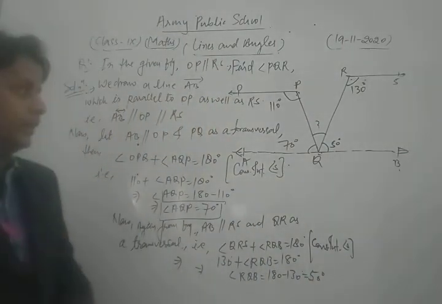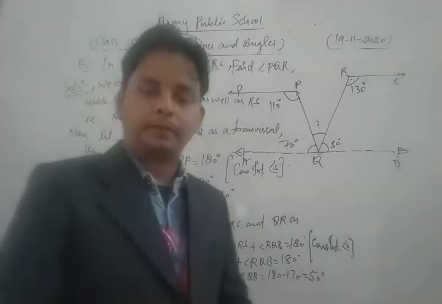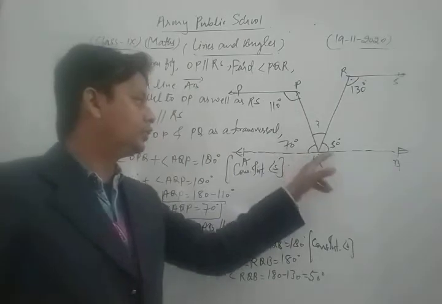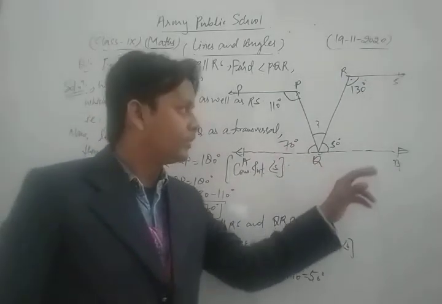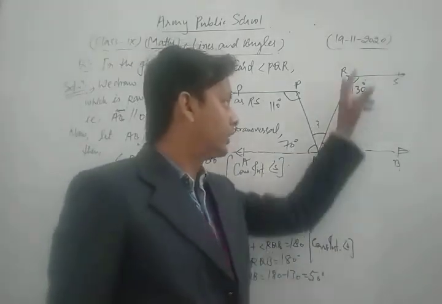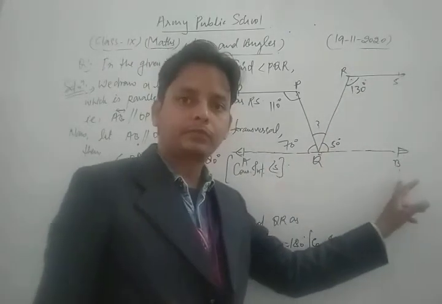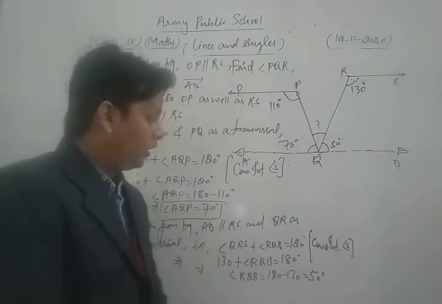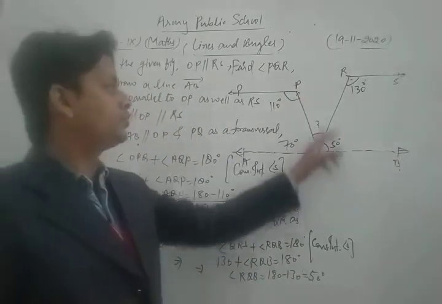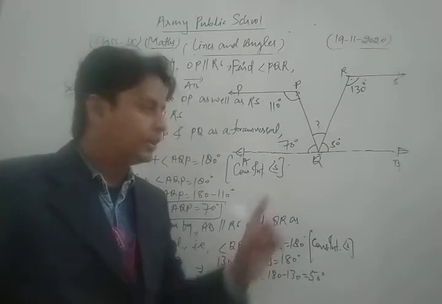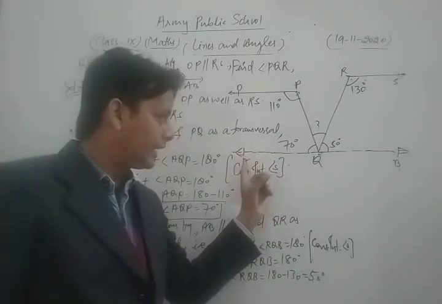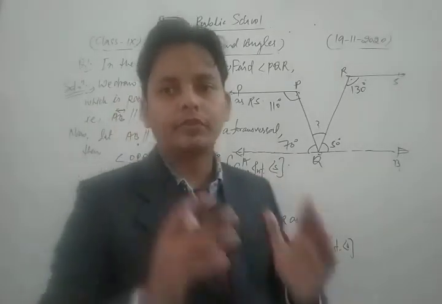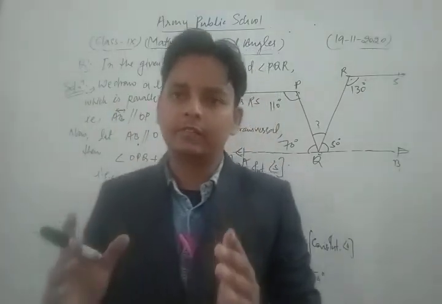Now, dear students, in this way, with the help of that diagram, we find angle PQA as 70 degree and angle RQB as 50 degree. But we have to find angle PQR. Here AQB is a straight line, and we know that the sum of all angles on a straight line is always 180 degree.